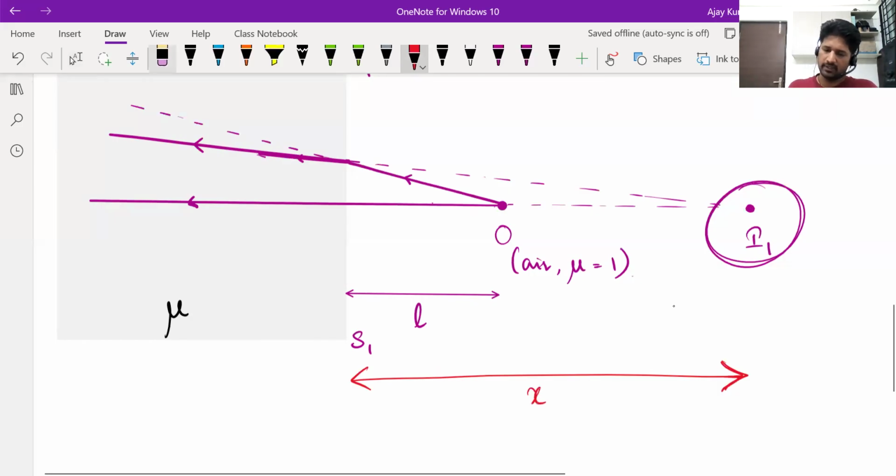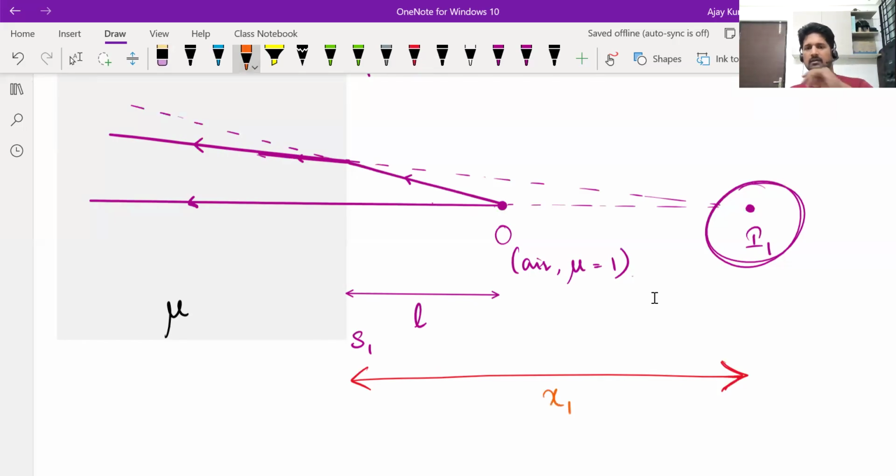Let's call it x1 or d1. Original distance of the object is L. What is the image distance from that flat surface? Okay, I got one answer as mu into L.